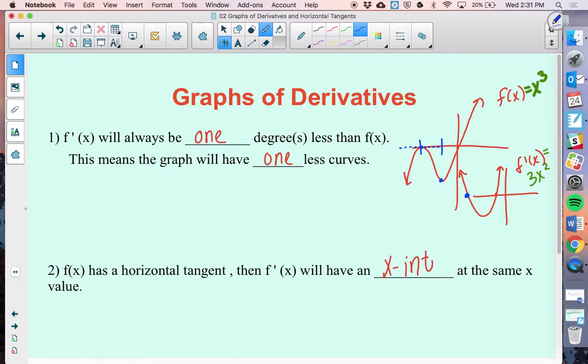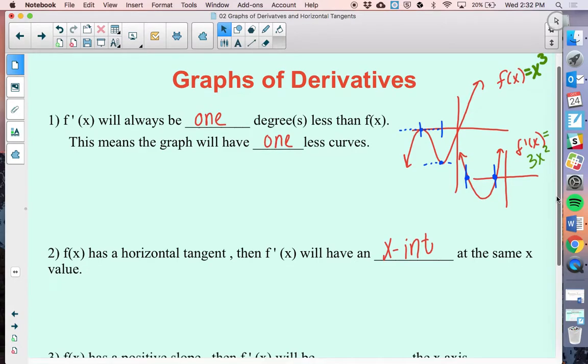The same thing happens here. So if the slope is 0 here, that must mean that the derivative equals 0 there. So those become x-intercepts. So this would be negative 1, negative 2.